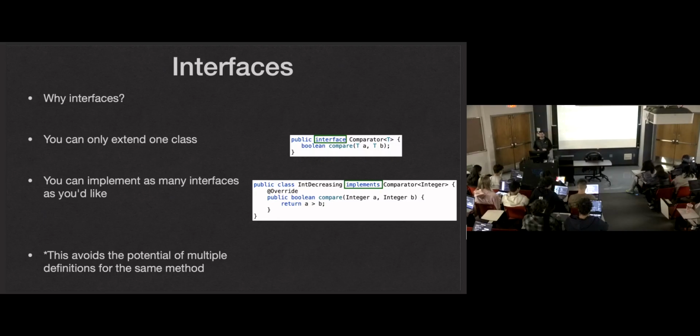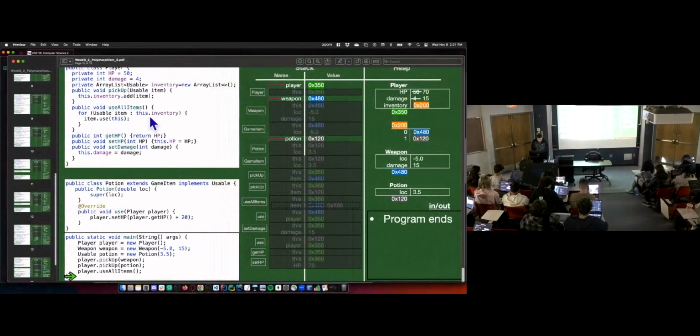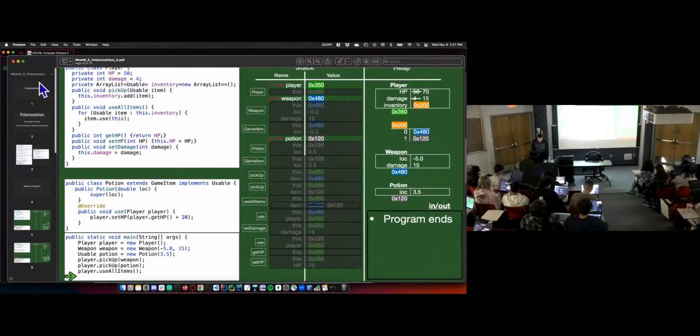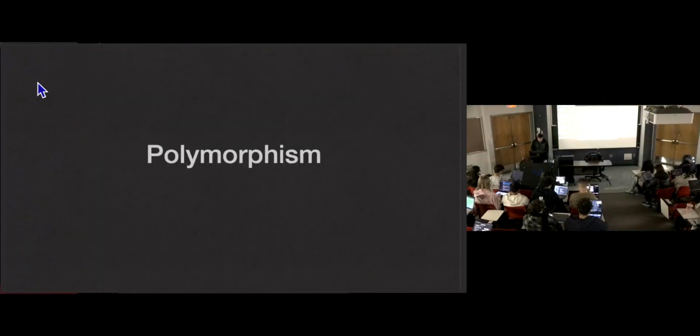Any questions on any of that? We got one in chat. What is the syntax for implementing multiple? Oh, yeah, I did answer that one. In your example, it would be public class X implements Y, comma, Z. Okay.